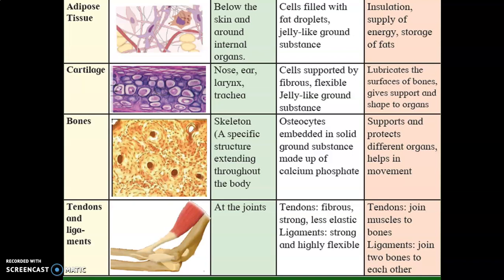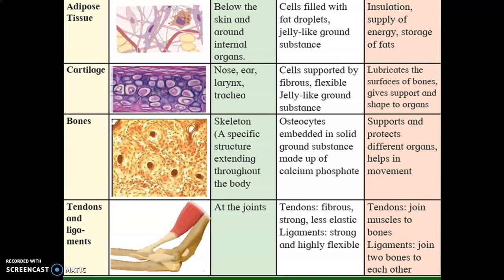Then we have the tendons and ligaments which are present at the joints. Tendons are fibrous, strong, less elastic. Okay, so these are fibrous substances which are strong, tough and less elastic. Whereas we have ligaments which are strong and highly flexible. Okay, so compared to tendons, ligaments are more flexible because they are involved in the movement.